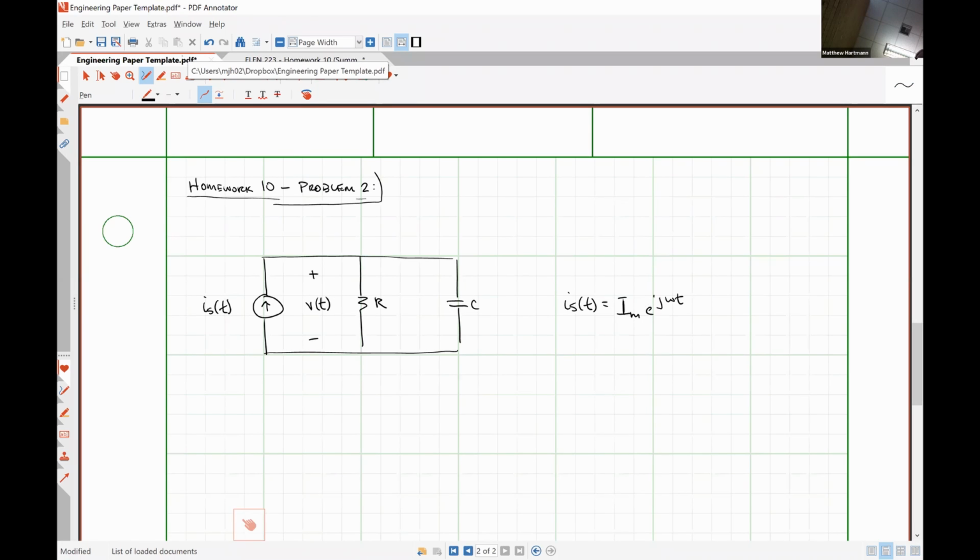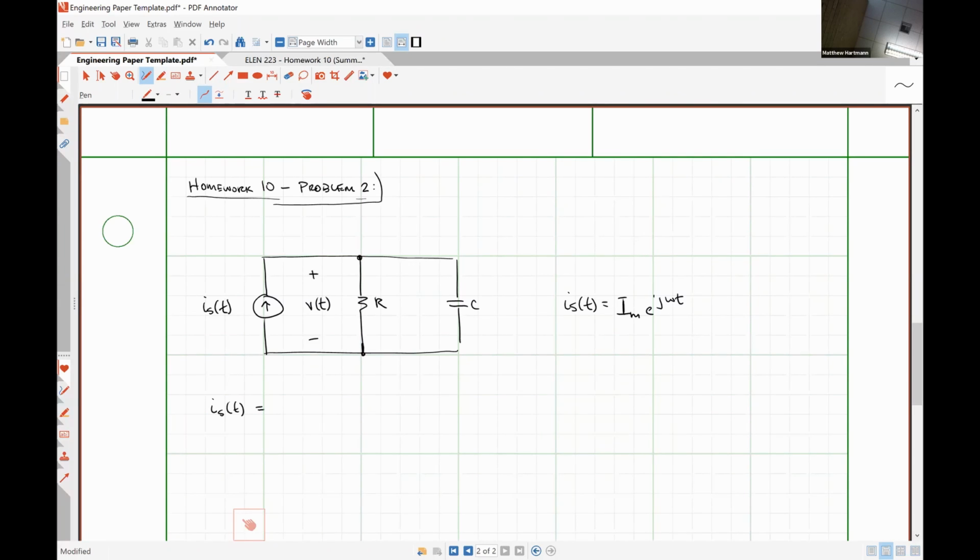So based on what we did on our previous problem, how would we develop a differential equation relationship for this system? Go ahead and do KCL again. Yeah, KCL again, right? So we can start with Is(t) will be equal to, I'm not even going to bother writing down IR(t) and IC(t) because we can get there pretty easily.